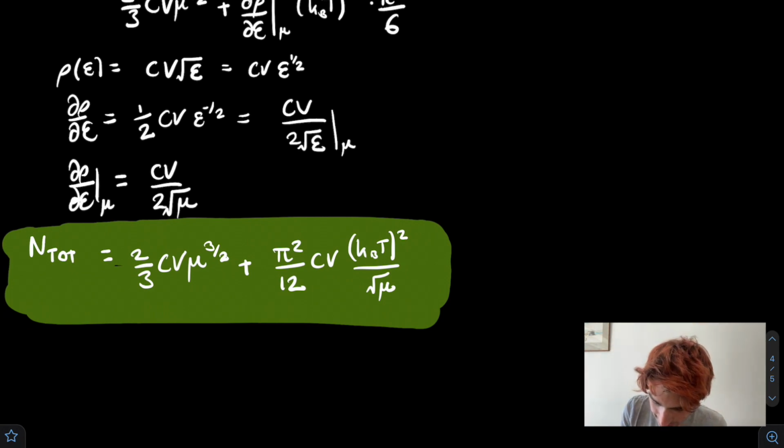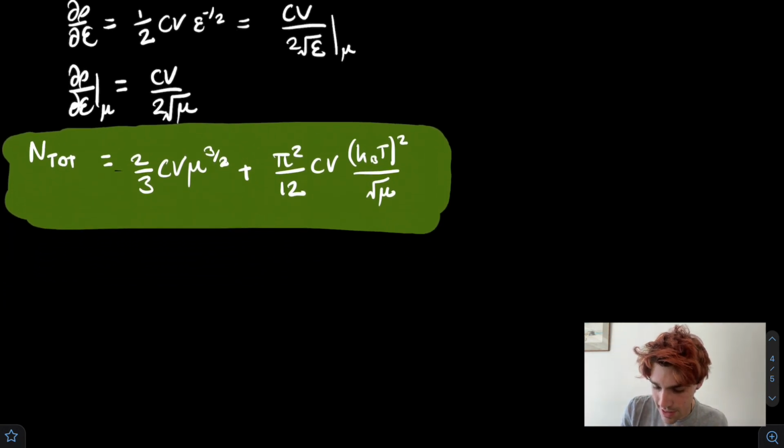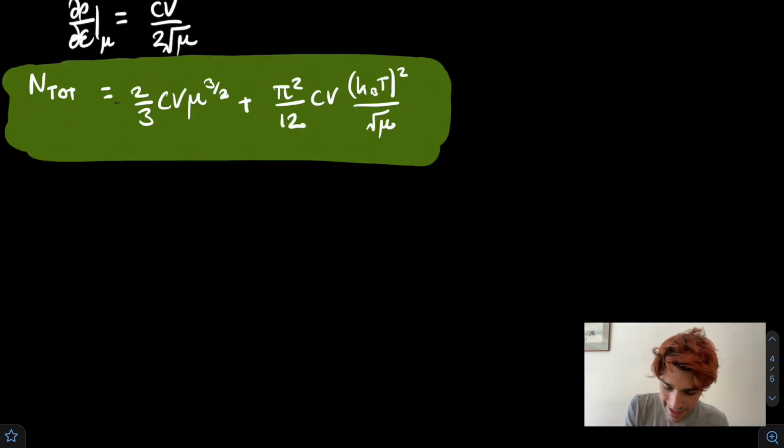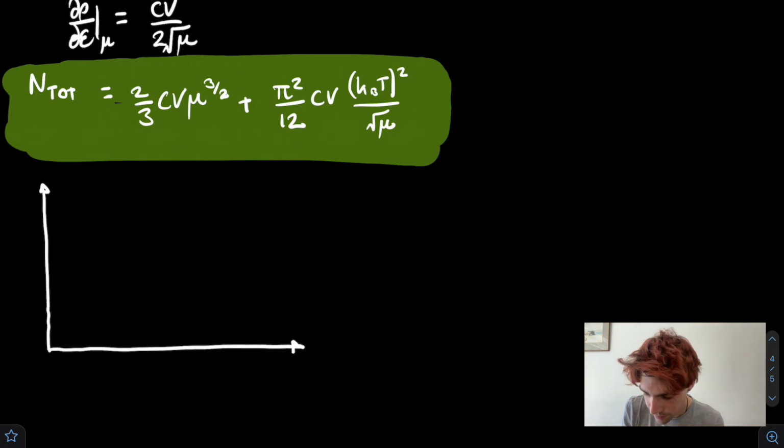So we can see that for a constant chemical potential, if you keep the chemical potential fixed in a system and allow the total particle number to change, then as you increase the temperature, more particles are going to flow into this gas. So let's just plot out what we've just derived.